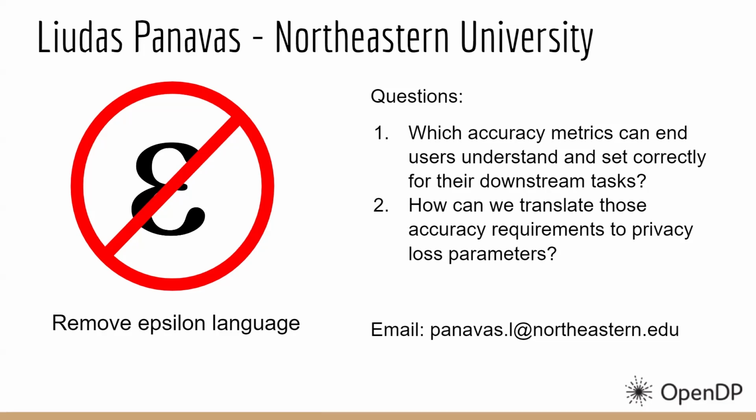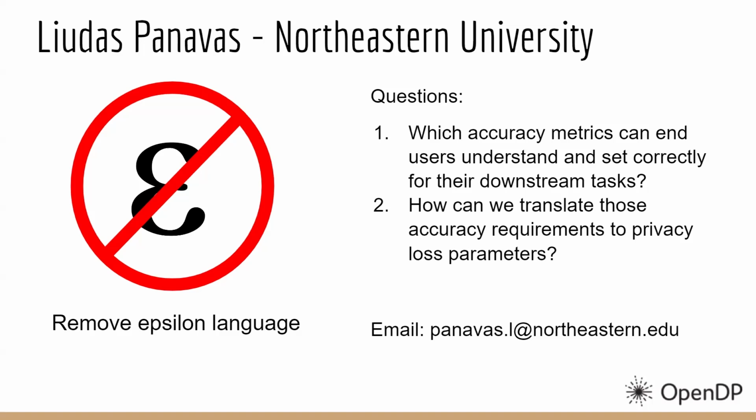I don't think in an hour they're going to be able to figure out differential privacy literature and figure out epsilon. But on the other hand, these statisticians, public policy researchers, they know how to set accuracy metrics of different kinds. Like they know how to set standard error, what standard error is going to work for them.